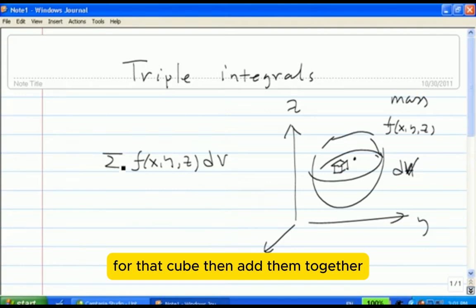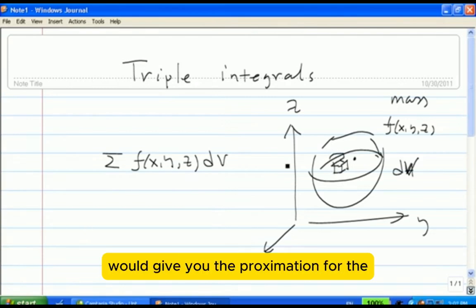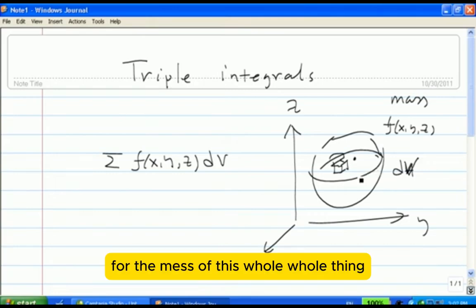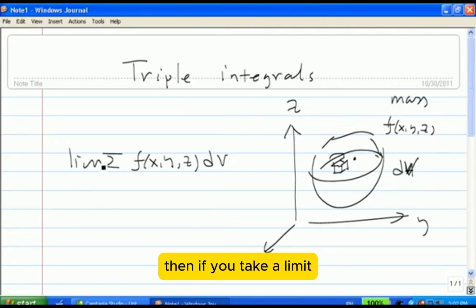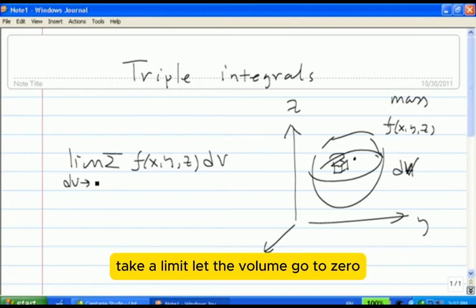Then add them together. You have so many such cubes, and adding them together gives you an approximation for the mass of this whole thing. Without taking a limit, it's just an approximation. Take a limit, let the volume go to 0.